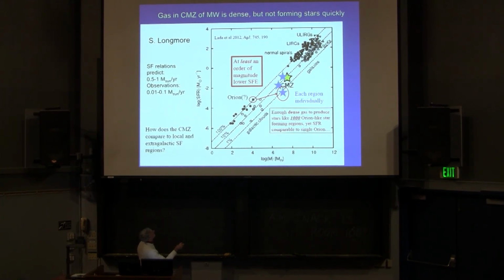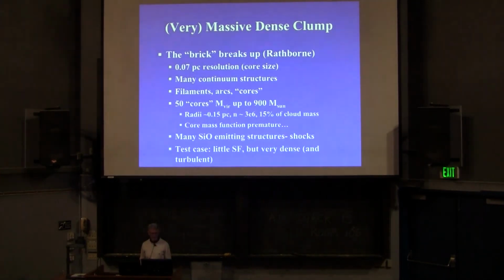It's much more massive and dense, but its star formation rate, it's really kind of a limit, is actually quite low compared to what you would expect. There's enough dense gas there, as he puts it, to produce like 1,000 Orions, and yet the star formation rate is comparable to a single Orion. So this is a region that provides a very good test of star formation theories.